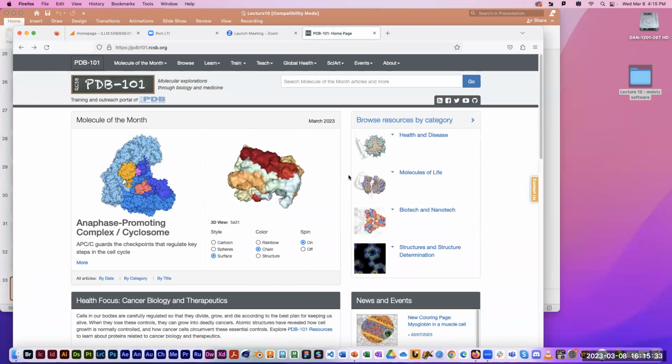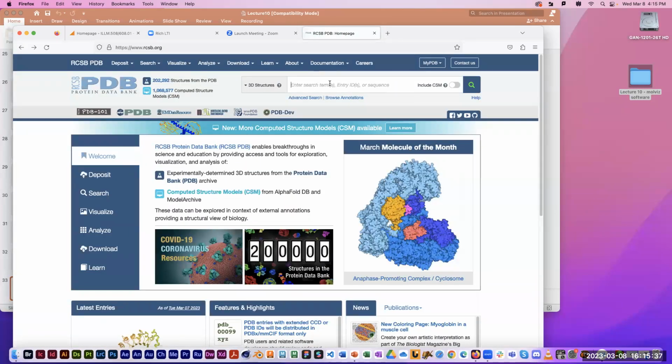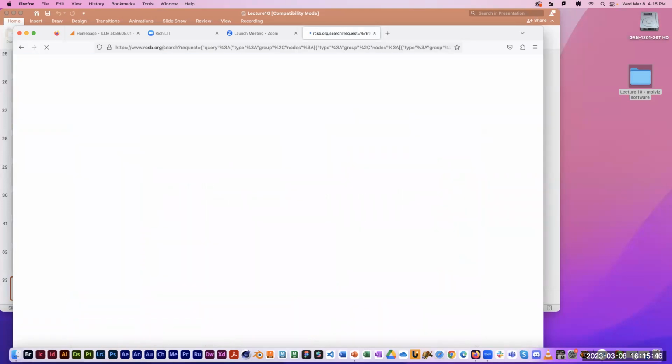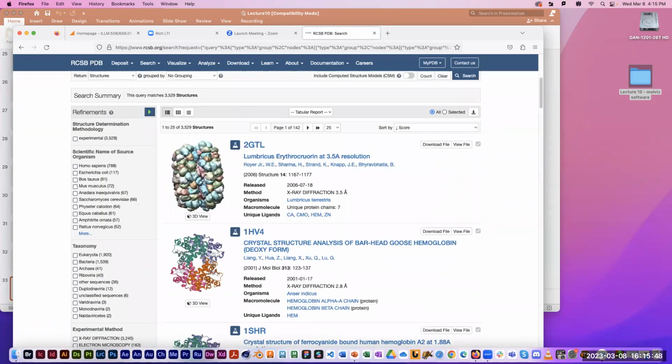But the main thing you do with the protein data bank is you can just enter something like a molecule, like hemoglobin, just enter the name, and it'll search for them. And it actually found 3,529 different structures with the name hemoglobin in them.